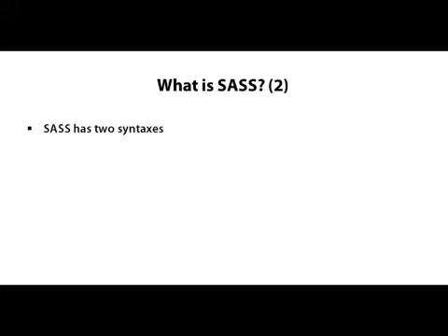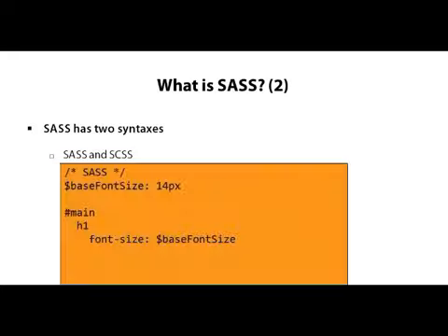So SASS itself has two syntaxes, SASS and SCSS. The original SASS syntax was based on indentation, so it implied certain things about the language based on how it did nesting of indentions. This didn't look and feel like CSS, and in fact CSS wasn't valid SASS originally.